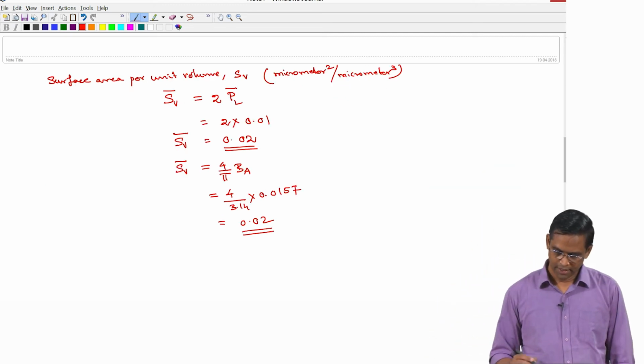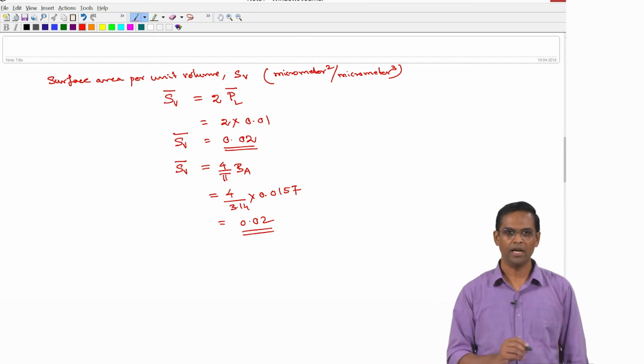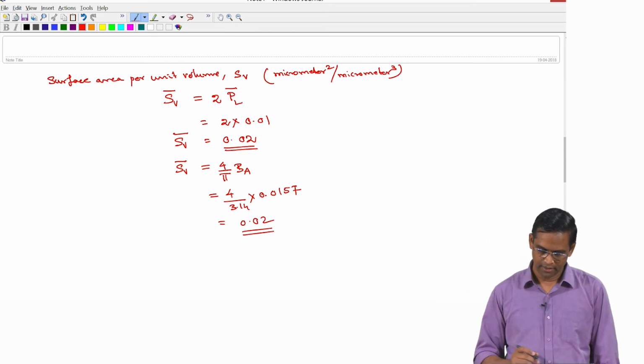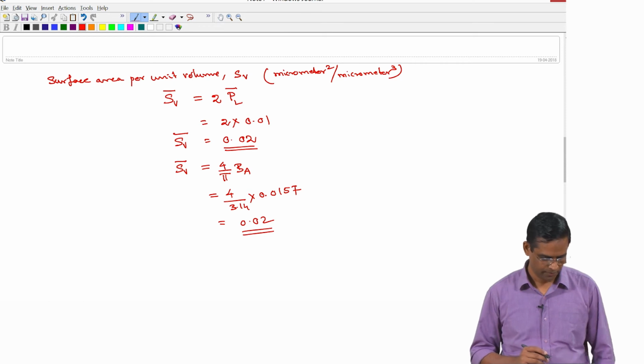Again, if you want to represent this SV by 95% confidence interval, you can do that, and of course, the error estimate also holds good here.